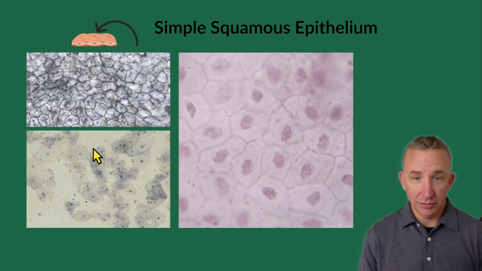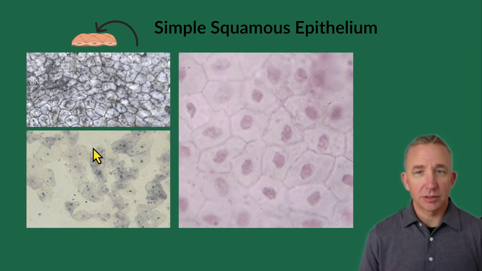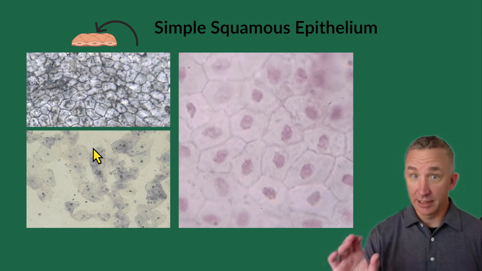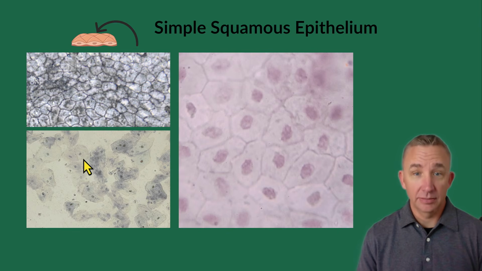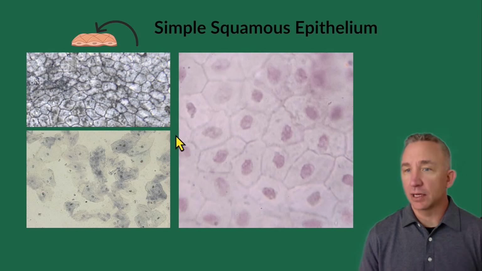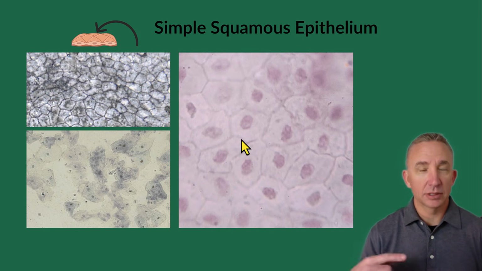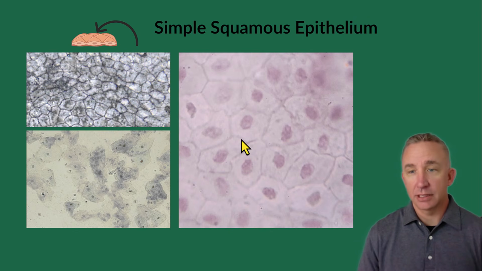If I go down to this one, cells a little spread out in this microscope, but remember we have cellularity, tightly packed cells. So all the individual cells, and I can see them distinctly because I have that dark dot in the middle, the nucleus, the cytoplasm within it, and then the boundary, my cell membrane. I like this one the best. I think it's the most consistent slide you'll see across texts, but this is all showing that cellularity.